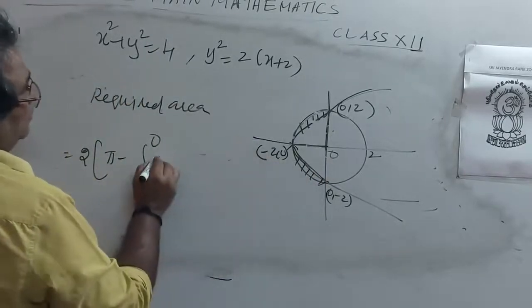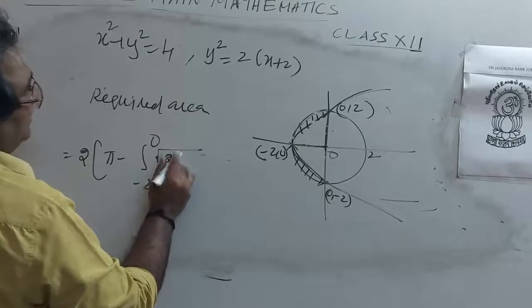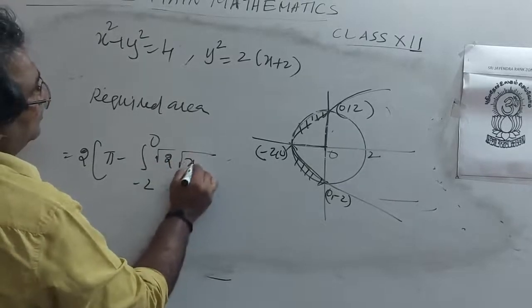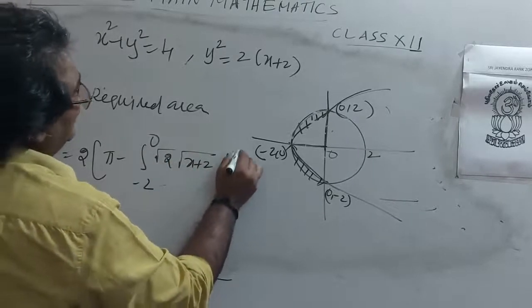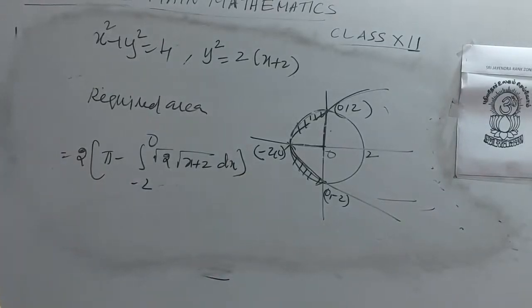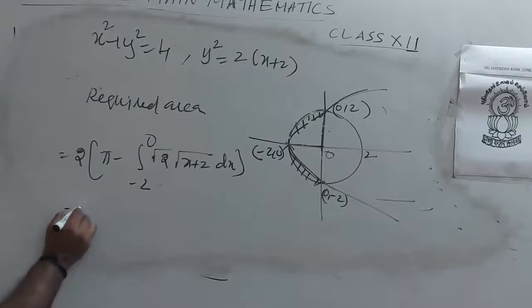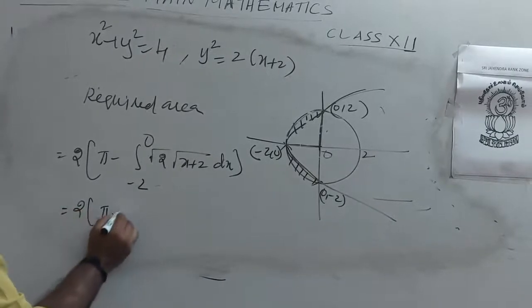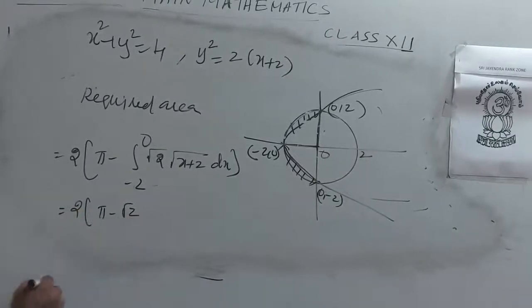This curve root of 2 into root x plus 2 into dx. Two into pi minus root 2.